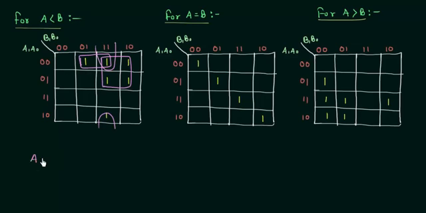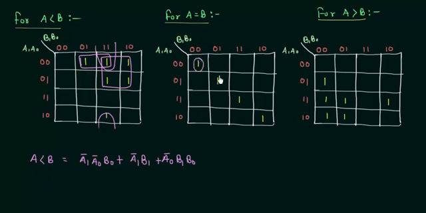So A less than B is equal to A1 complement A0 complement B0, or A1 complement B1, or A0 complement B1 B0.